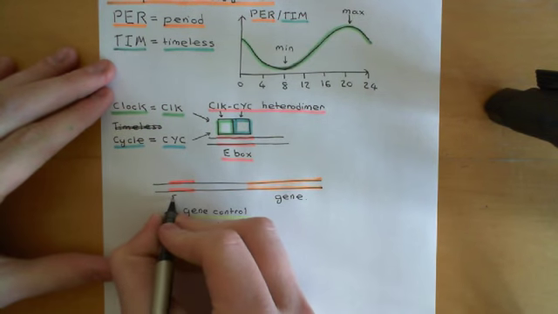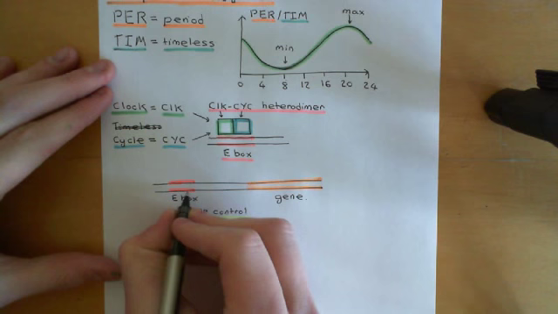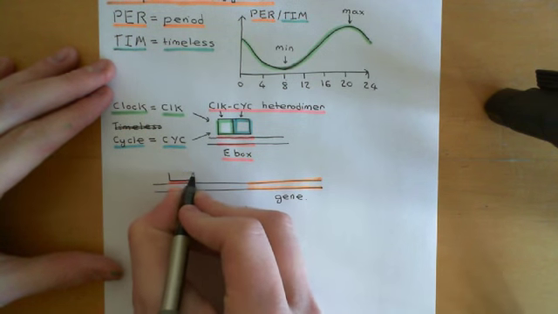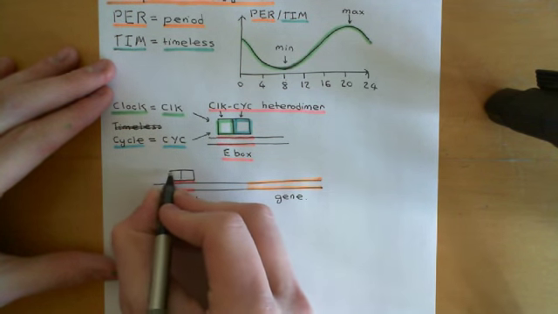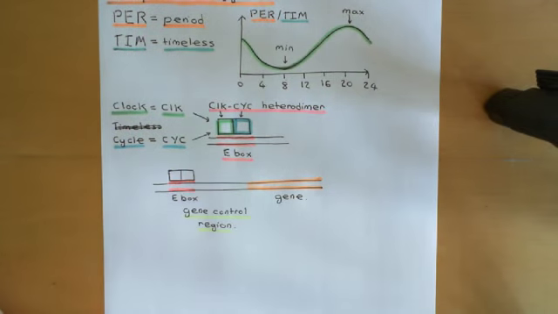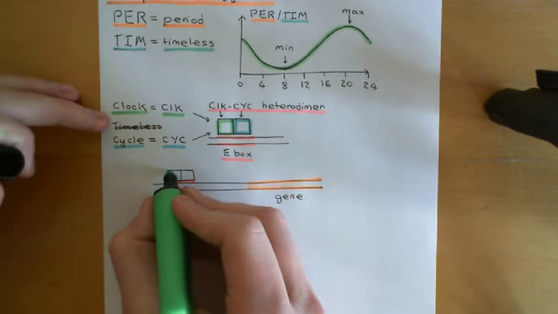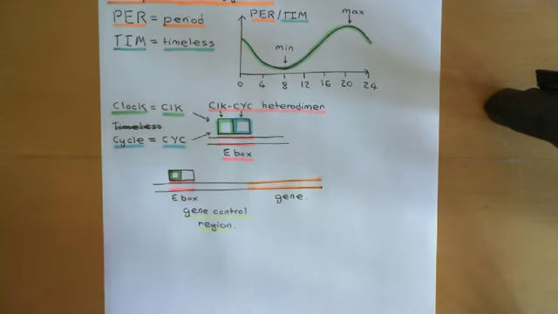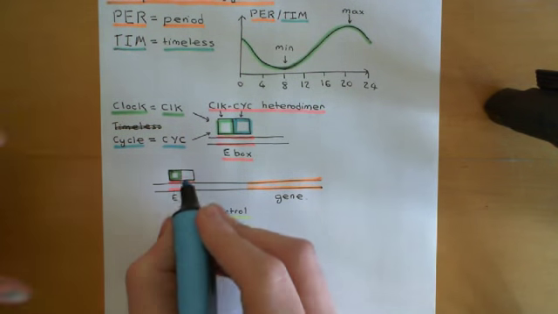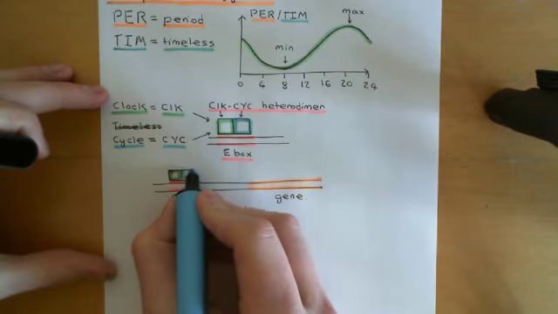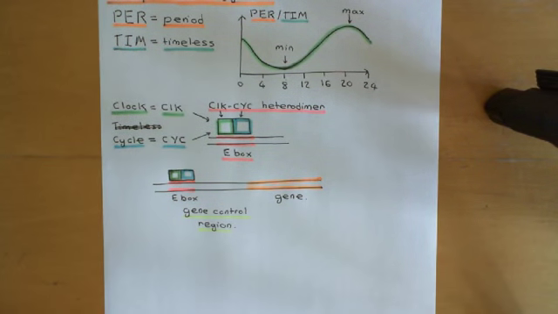A Clock-Cycle heterodimer can bind to that E-box, and it will then promote the transcription of the downstream gene. It's going to increase the amount of transcription that occurs, so more mRNA will be produced for that downstream gene, and therefore its expression is going to go up. So basically, Clock-Cycle heterodimers can drive the expression of a bunch of genes.